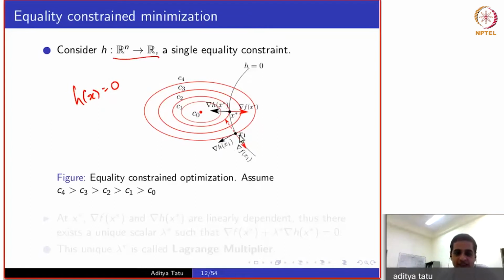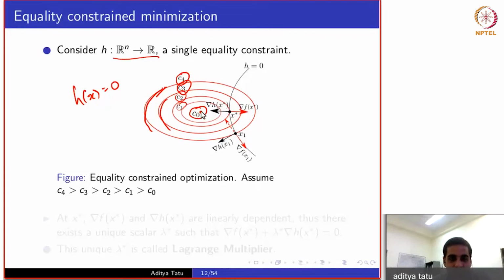In this picture that you see, all these red ellipses are defining curves on which the value of the objective function is the same. On this particular ellipse, the value of the objective function is everywhere C4, where C4 is some number. On this ellipse the value of the function is C3, C2, C1, and so on. Let's say this point is the point of minima globally.